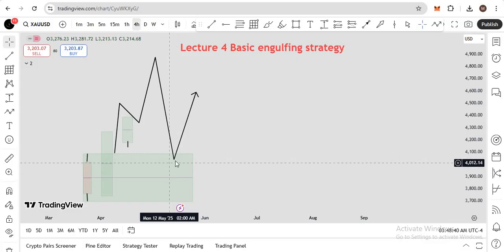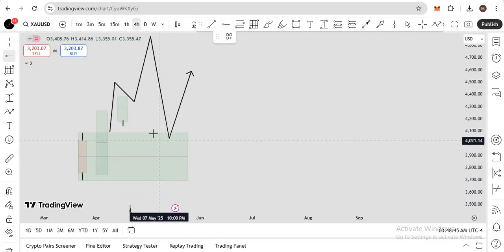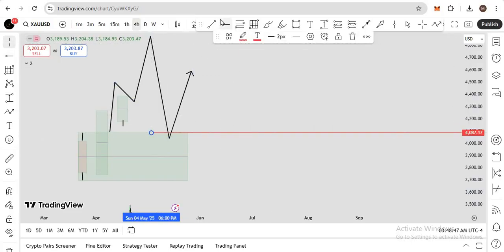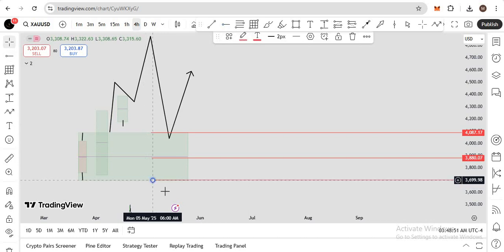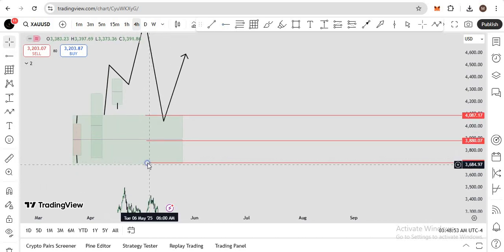Then once it comes back here, you start entering with 3 positions: first at the top, second in the middle, third at the last, and 20 pips below for your SL. From this area 20 pips, 30 pips is up to you.